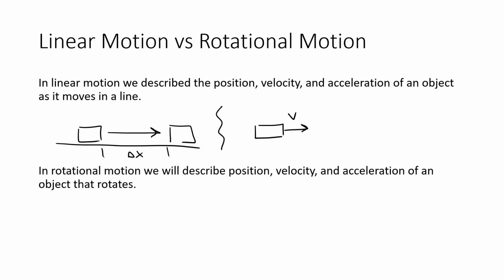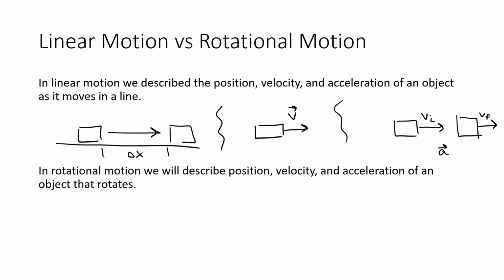That was where we started learning about vectors. And then, in the linear sense, the change in velocity. How is the velocity now different than the velocity before? Initial, final. That was what we called acceleration.